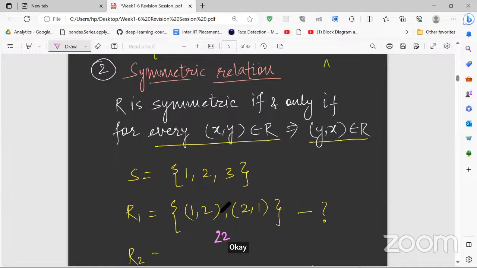Yeah. But x is equal to y here, right? For all the cases, not for only one case. If you have just 2, 2, then it is anti-symmetric and symmetric. Okay, sir.